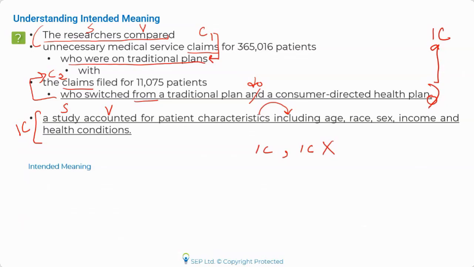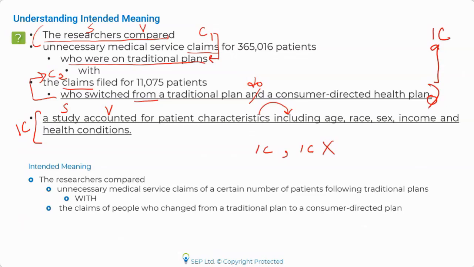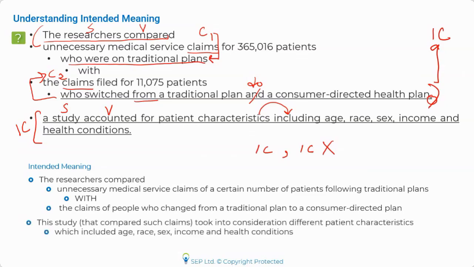So maybe that is the study that we are talking about, the comparison that the researchers studied. All right, maybe. So I'm thinking to myself, the researchers compared two kinds of claims, and this study that compared such claims took into consideration different characteristics, which included something, something, something. All right, this is what I'm thinking. Clear, guys? Can you see your mistake?